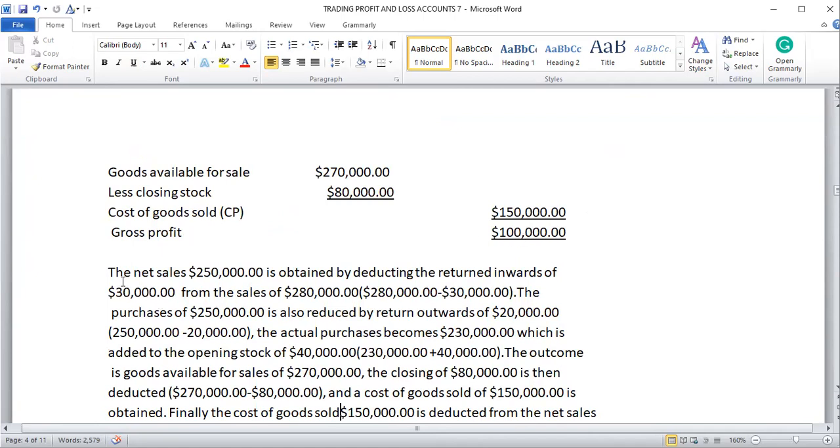So let me explain. The net sales is $250,000. It's obtained by deducting the returns inwards of $30,000 from the sales of $280,000, which is $280,000 minus $30,000.